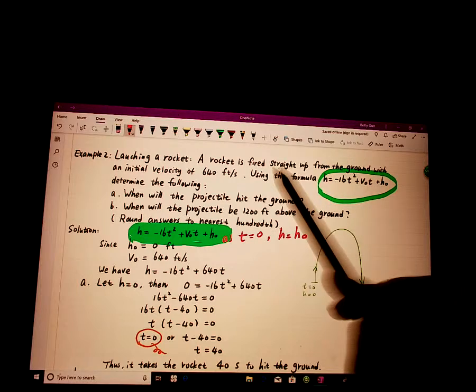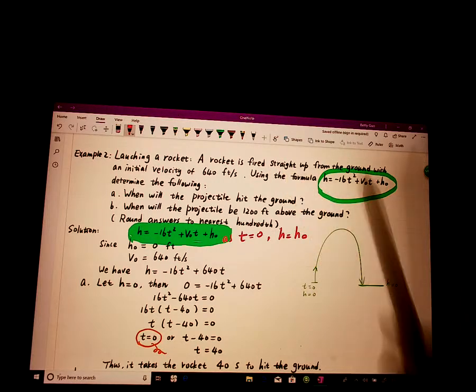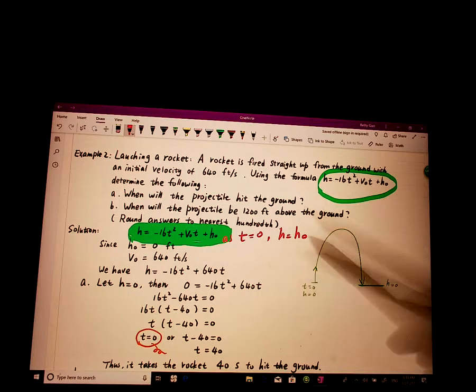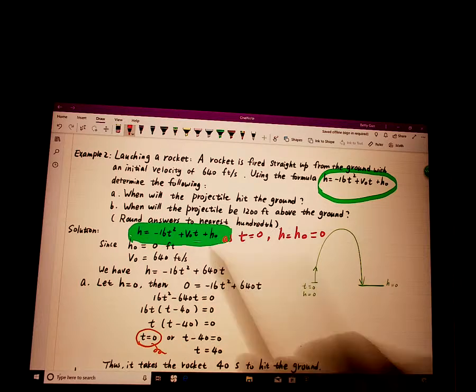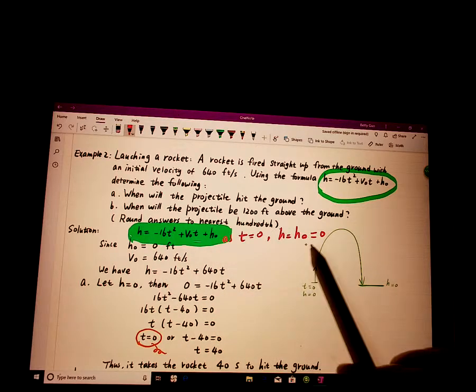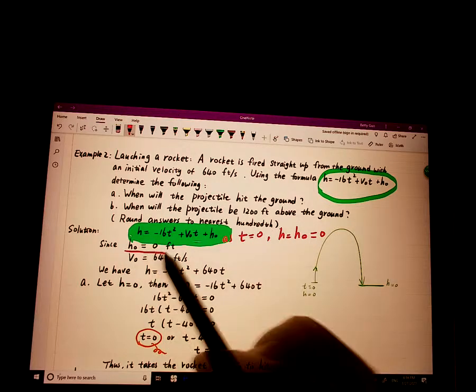We know that you are firing the projectile straight up from the ground, so h sub 0 actually equals 0. Initially, the projectile is on the ground, the height equals 0. So as t equals 0, h equals 0, which makes h sub 0 equal 0. That's how we know h sub 0 equals 0.